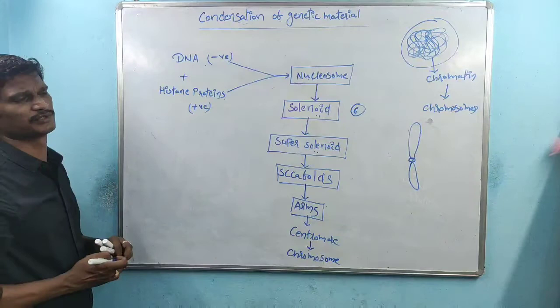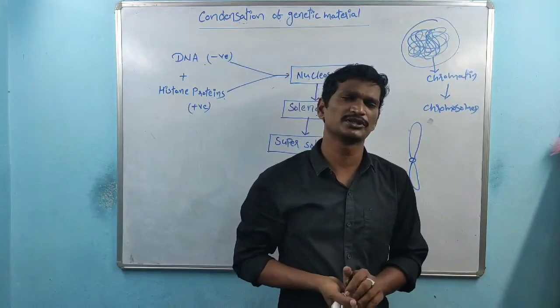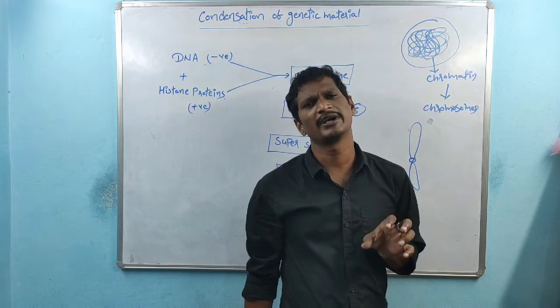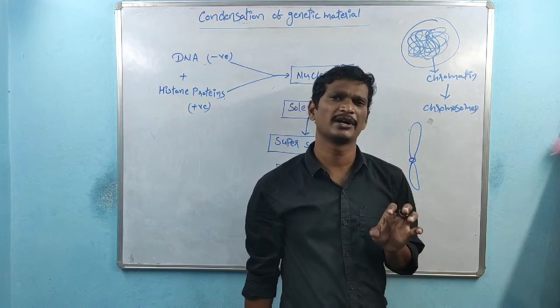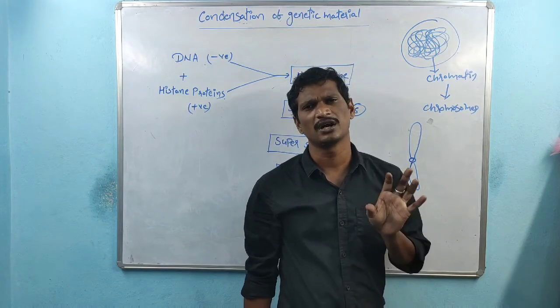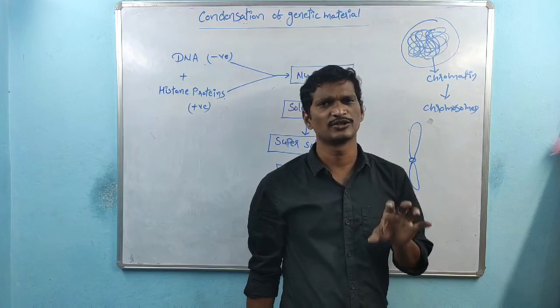So, simple concept. DNA interacts with the histone proteins. These two produce the nucleosome structure. Six nucleosomes combined form the solenoid, right? A group of solenoids combined produces the scaffold. The scaffolds combined produce the arms of the chromosomes, and the arms of the chromosomes are connected with the centromere.